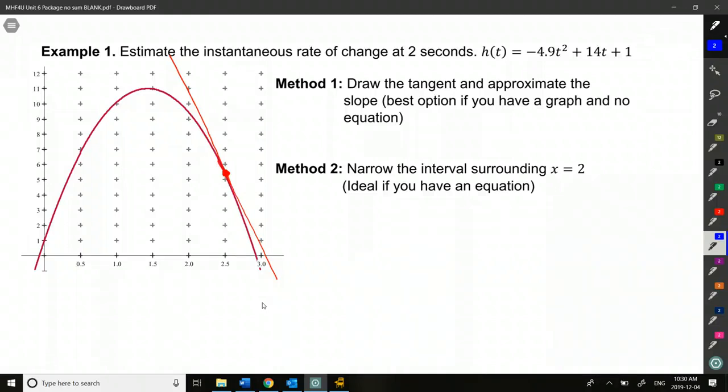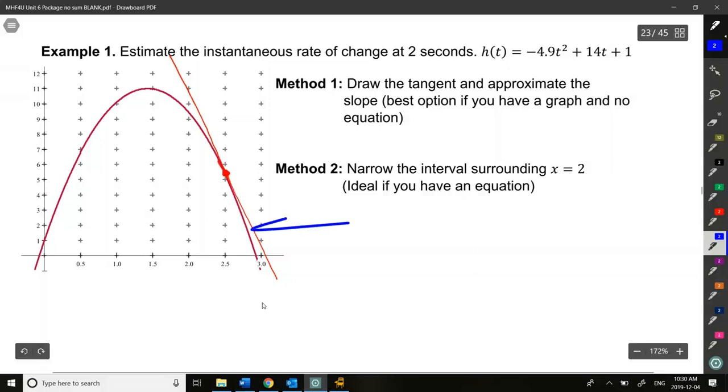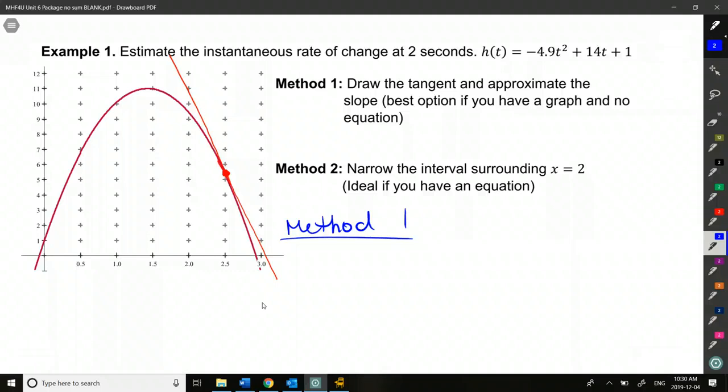So this is going to be a little bit more estimated than some other methods because my tangent line, as I said to you guys yesterday, might be different than any of your tangent lines that you've drawn here. So what I would want to find is the slope of this tangent line. Okay, this is going to be essentially your only option if you just have a graph with no equation.